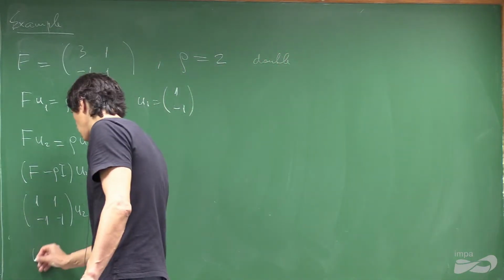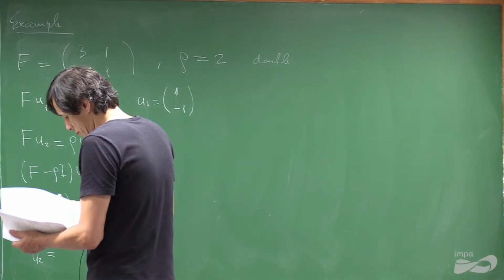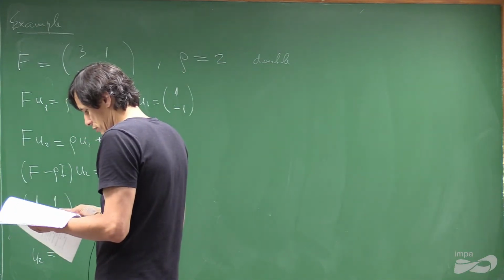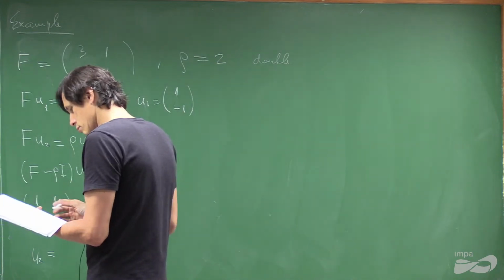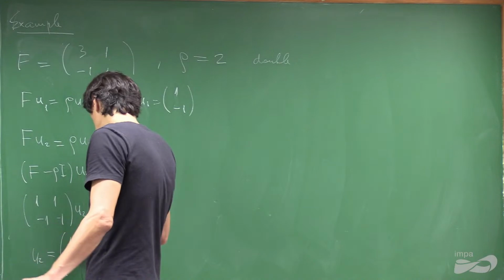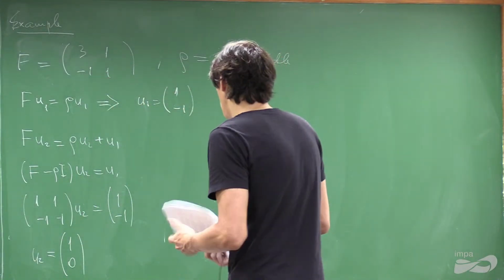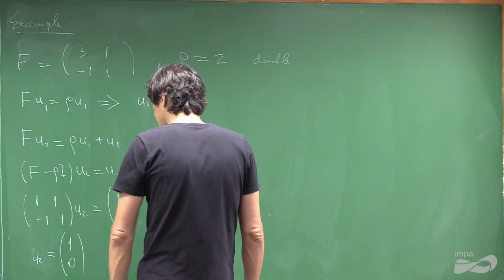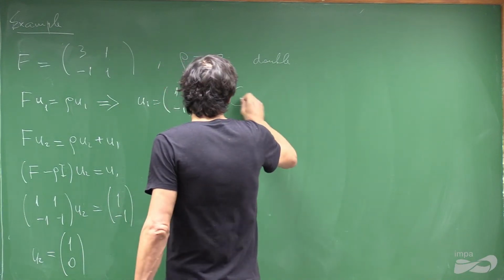So u2 can be many; let's just be consistent with what I took here, 0, 1. You can take 1, 0, you can take 0, 1. All works.